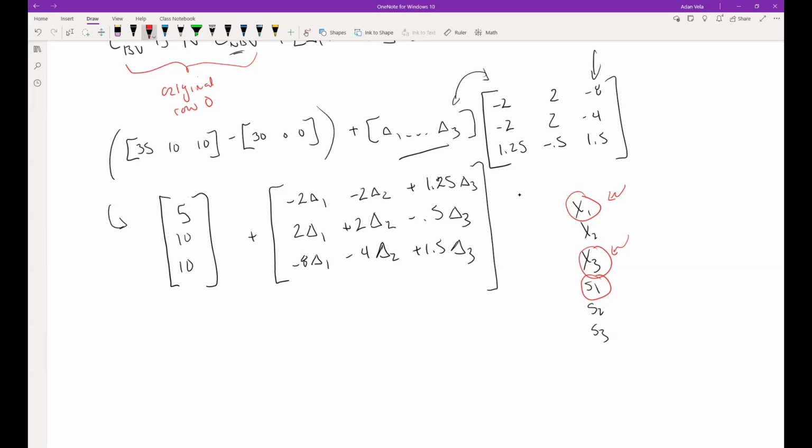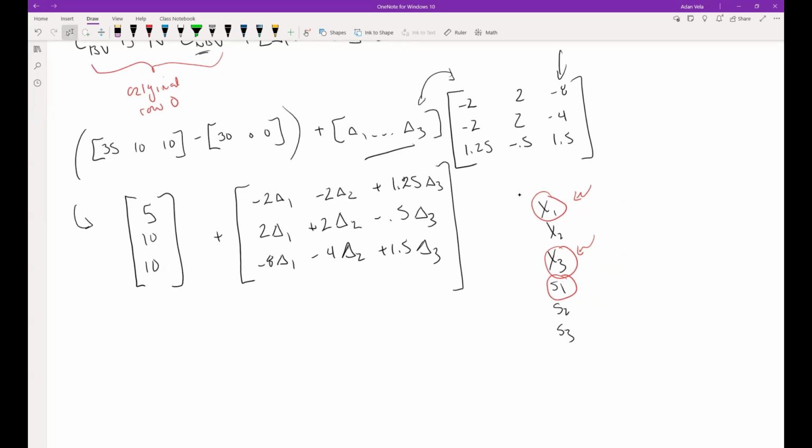It doesn't make sense to change CBV for s1, because that's a slack variable. It's like a pretend variable. So we only want to figure out what happens if we change the delta corresponding to the x1 decision variable or the delta corresponding to the x3 decision variable.